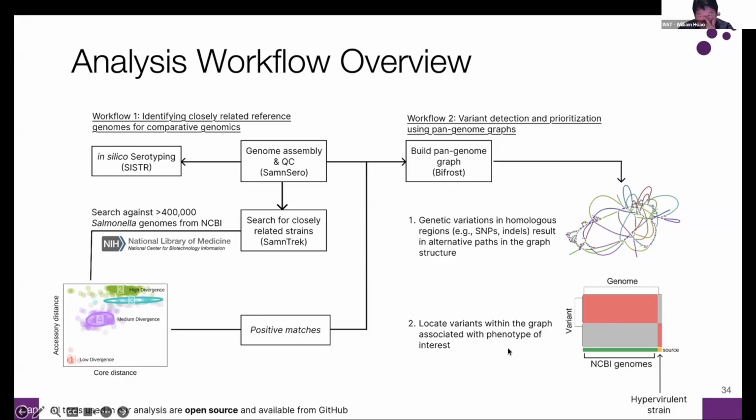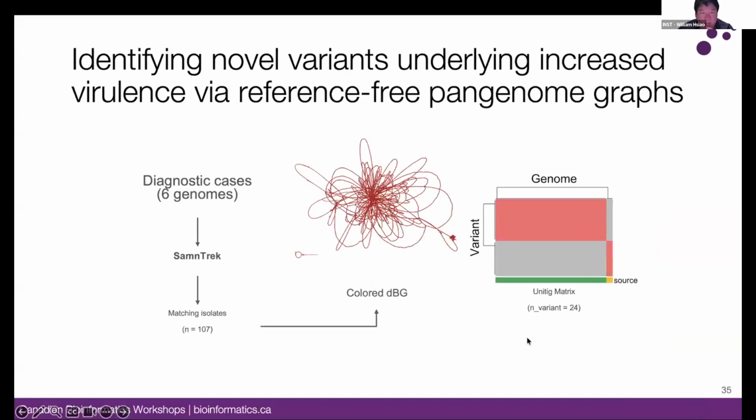So then, as a result, they were able to, I'll just switch to the next one, sort of hone in, using the color de Bruijn graph, hone into specific variations that may be of interest, right? So by comparing the case isolates with the closely related strains, right?